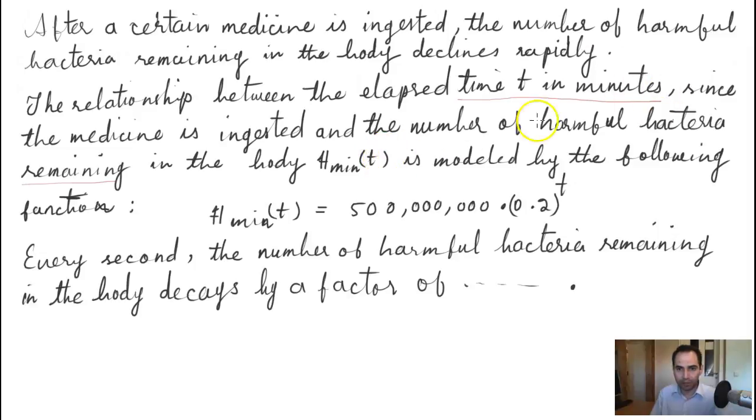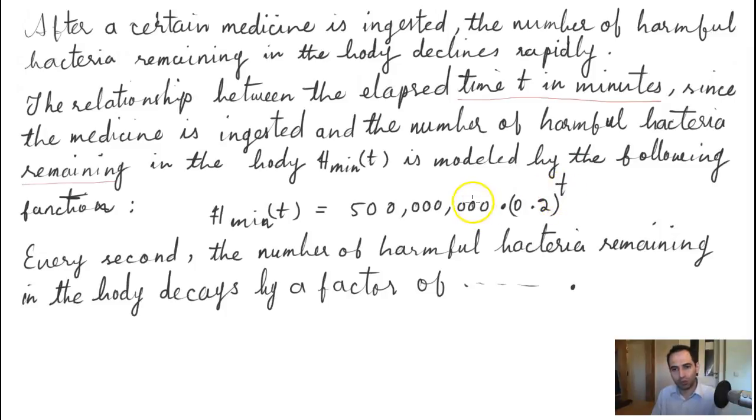is modeled by the following function. So h of minute of t is equal to 500 million times 0.2 raised to the power t.